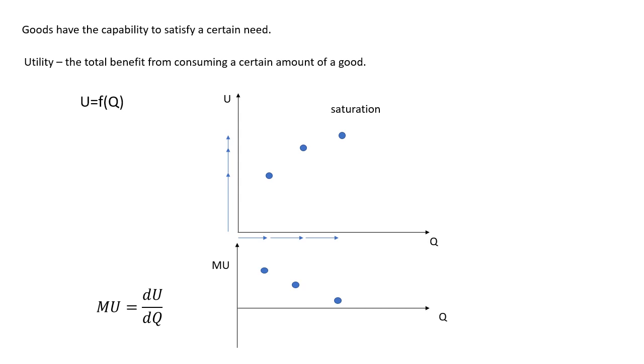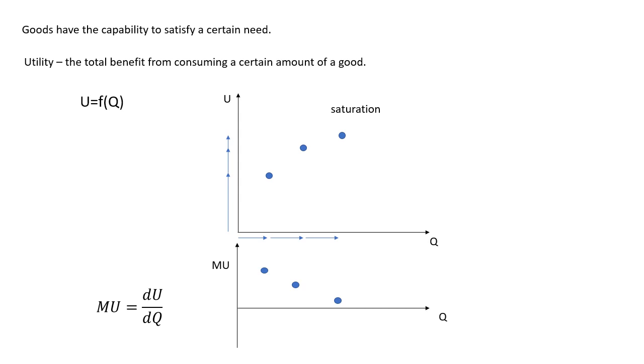Even if the good was absolutely costless, even then individuals would not be willing to go beyond the point of saturation. And that is the reason that only this part of the utility function, with the positive marginal utility, is really relevant for our model of the consumer's decision.